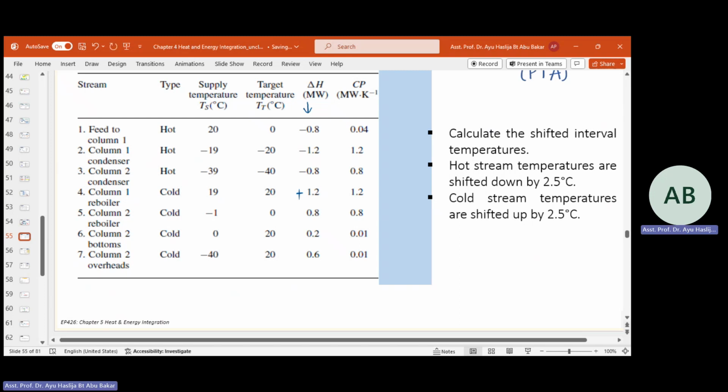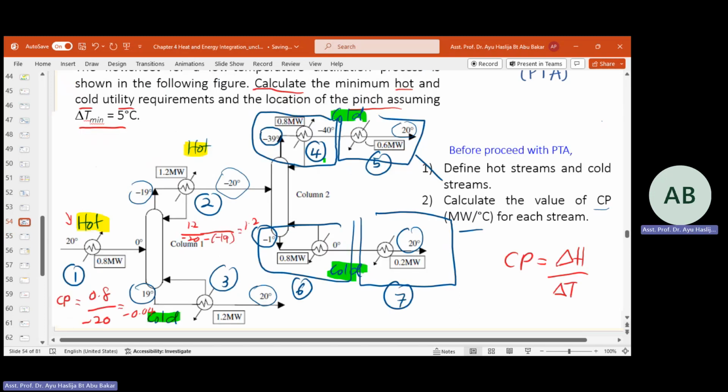Okay, looking back to the PFD, now 0.8 just now from the table, it is put as a negative sign. We look at the overall later on. Okay, now this one is negative as well. This is negative 0.8.